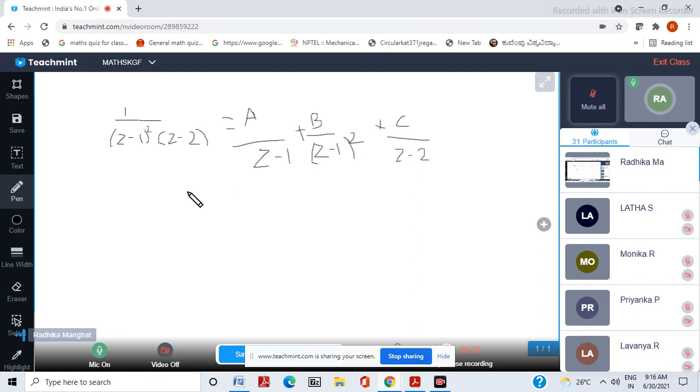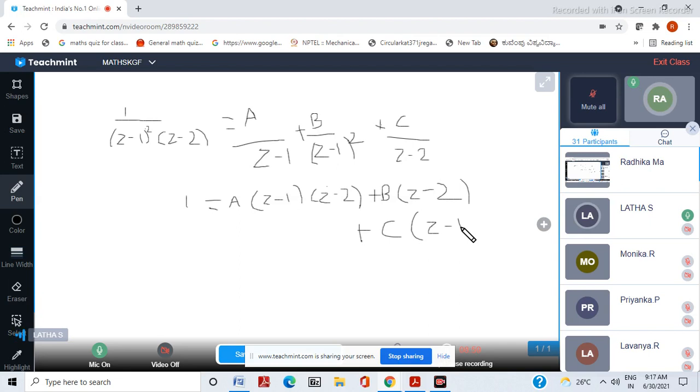Okay, then what you get is 1 equal to A into Z minus 1 into Z minus 2, plus B into Z minus 2, plus C into Z minus 1 all square.